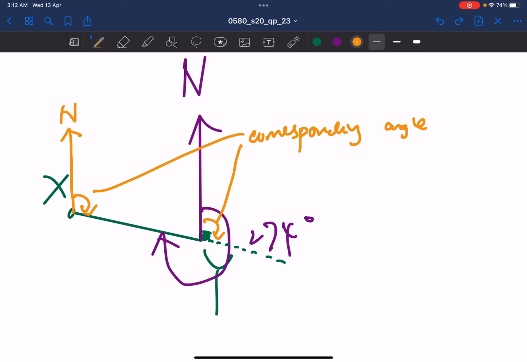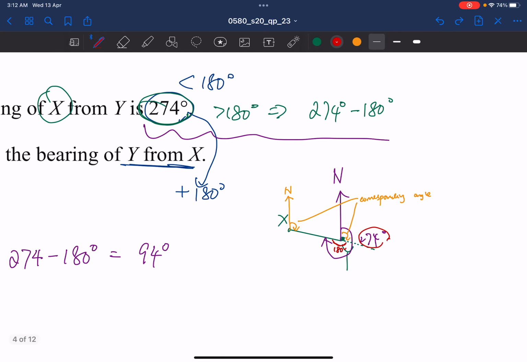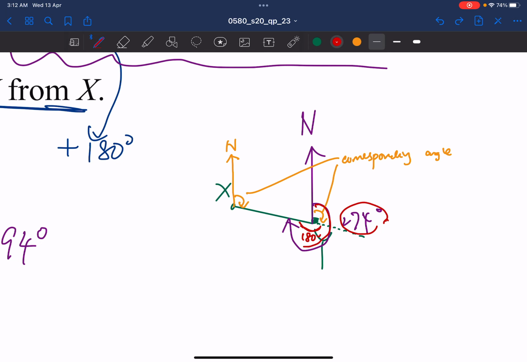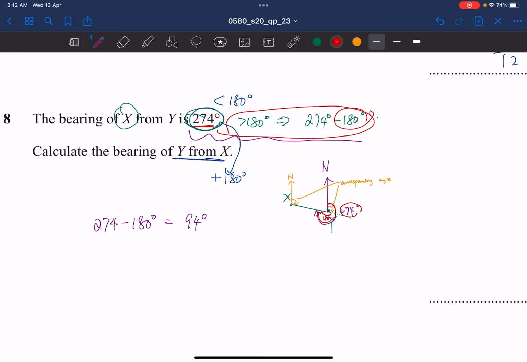And what is the angle here? 180. So we just need to use this number minus this angle, then we get this angle. This is when the original bearing is more than 180, so you minus 180 degrees, then you get the answer.